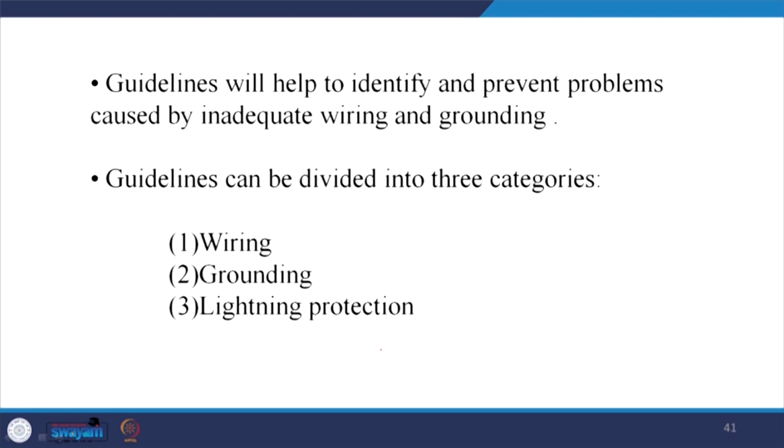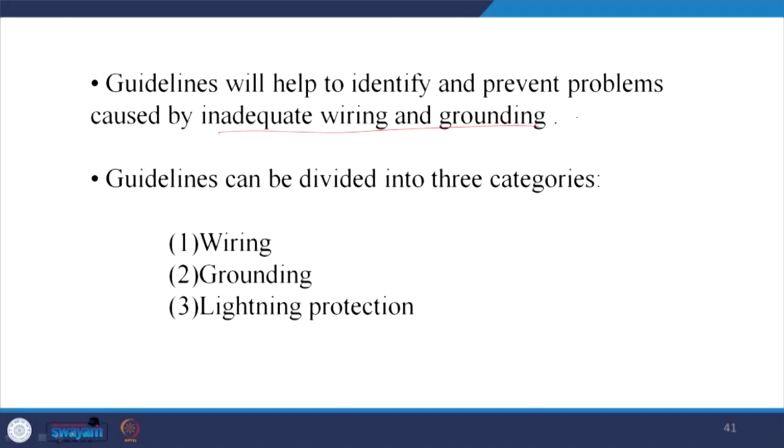Guidelines will help to identify the problems caused by inadequate wiring and grounding. Of course, this itself is a course of our BTech engineering study, so we need to take care of these issues quite well. Unfortunately, due to lack of time I cannot go into much detail, and the guidelines can be divided into three categories.